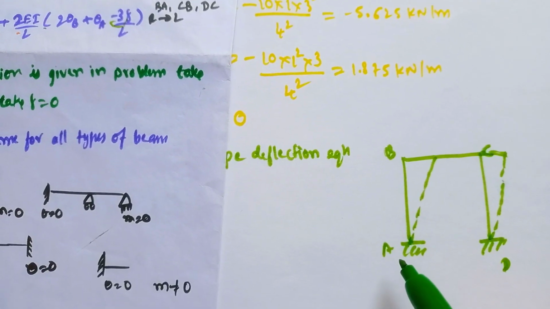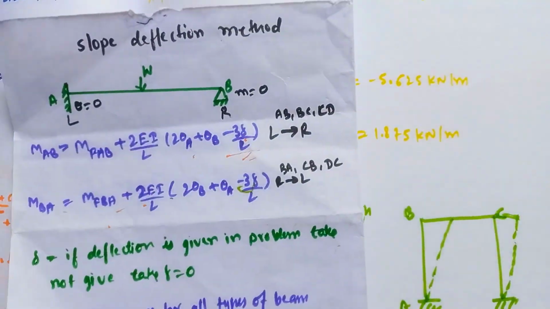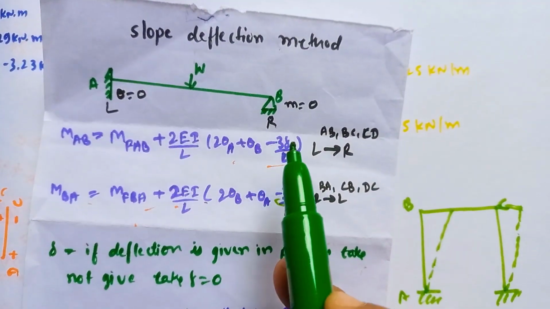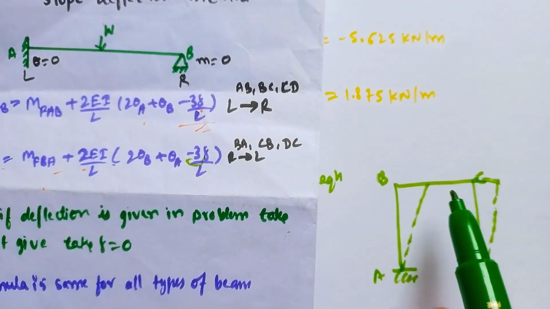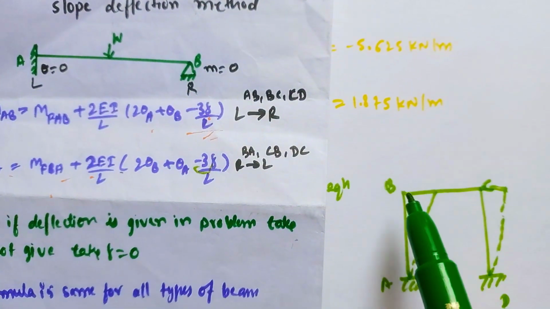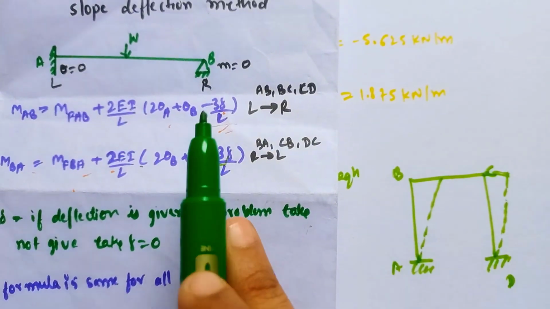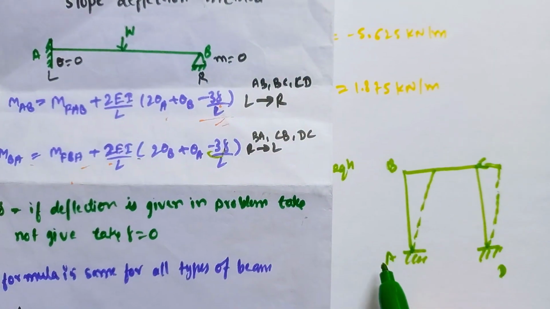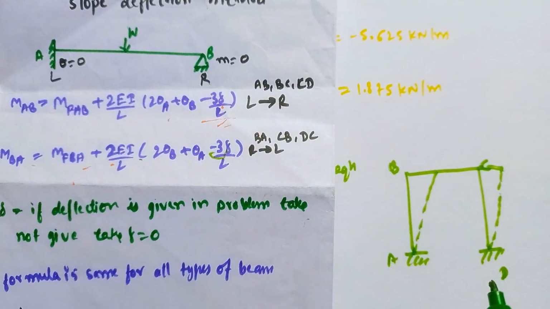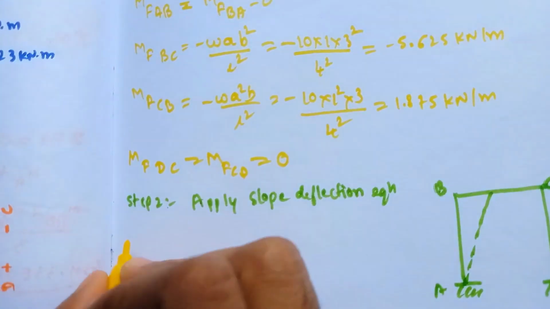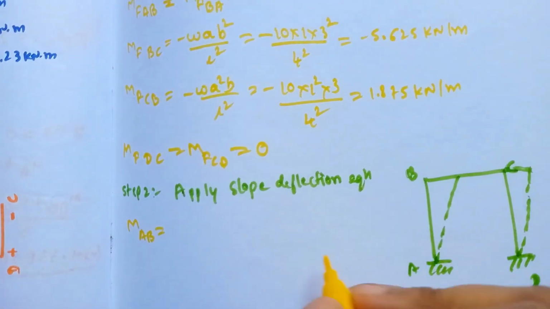So our AB as well as DC are the vertical members, so deflection takes place, which means while calculating we need to add the 3 rho divided by L. For BC we should not add the 3 rho divided by L, because deflection does not take place for the horizontal member. For vertical members AB as well as DC we should add the 3 rho divided by L, because deflection takes place.